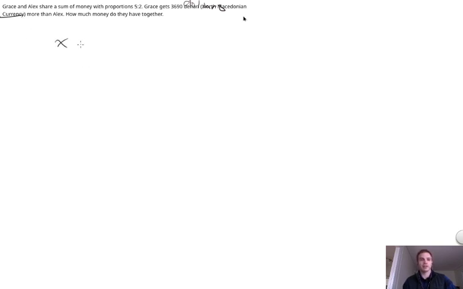Let X be Alex's amount. I haven't used X anywhere, so I can just make X equal to whatever I want. And so if X is Alex's amount, then X plus 3,690 is Grace's amount.